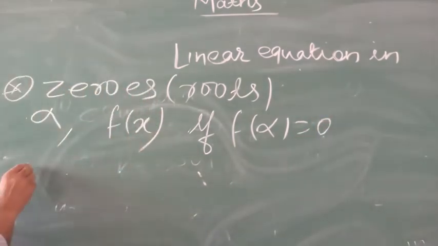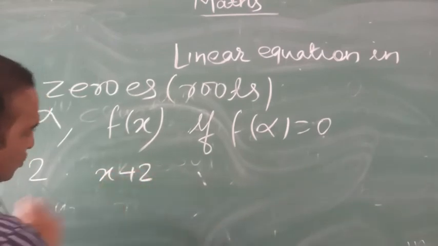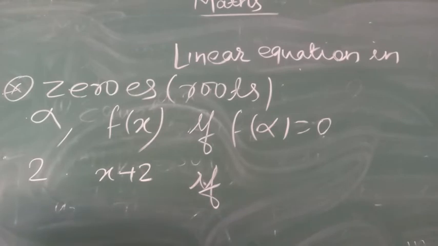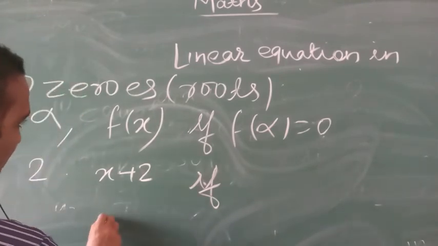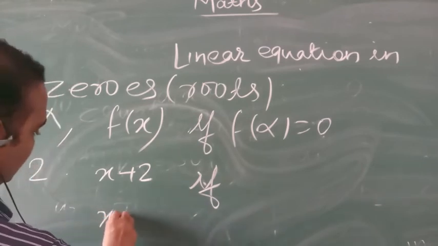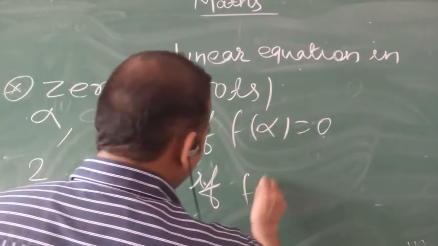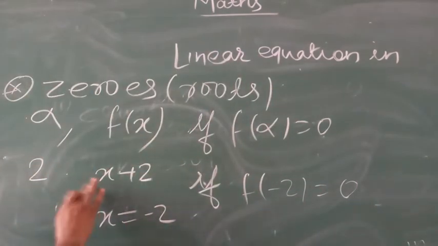That means minus 2 is a zero or root of x plus 2 if f(minus 2) equal to 0. F(minus 2) means x equal to minus 2.